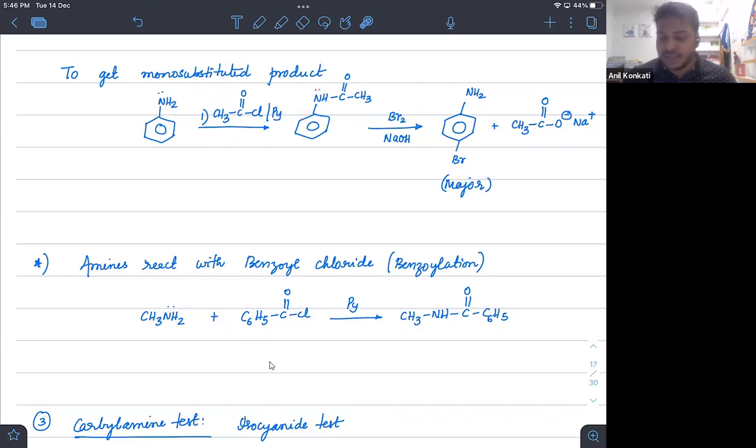This is an amide group, and the amide group will have a split resonance. Due to split resonance, it is not highly activated, and ortho is anyway crowded because of these groups. So usually it will give para as the major product, bromine will come here. When you use NaOH, the CH3CO group will come out, and you'll get NH2 here. So this is the major product, that is mono substitution.